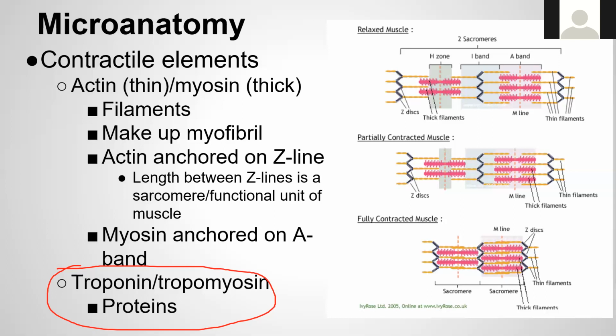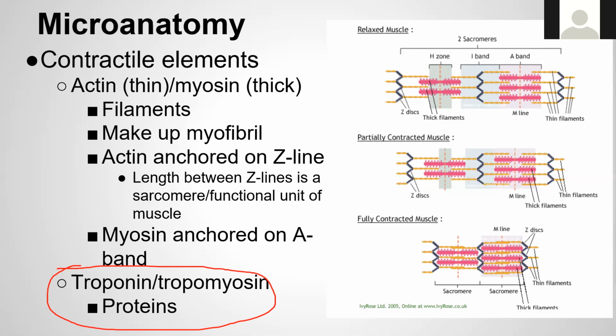So tropomyosin is important during the relaxation phase of a muscle contraction. So when your muscle is not contracting, it's just relaxing, the tropomyosin is going to prevent myosin from attaching onto the actin. So this is what actually prevents you from having a muscle contraction.